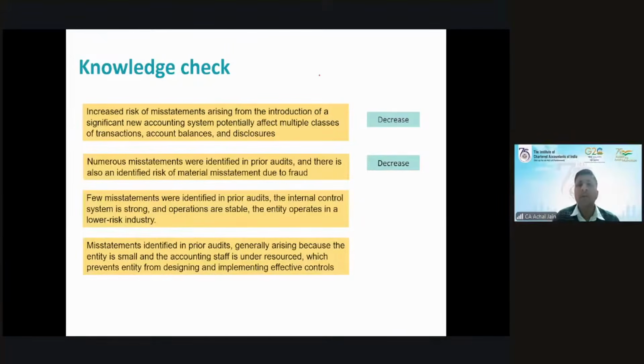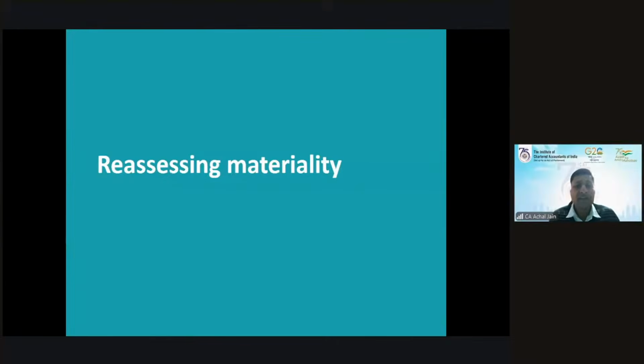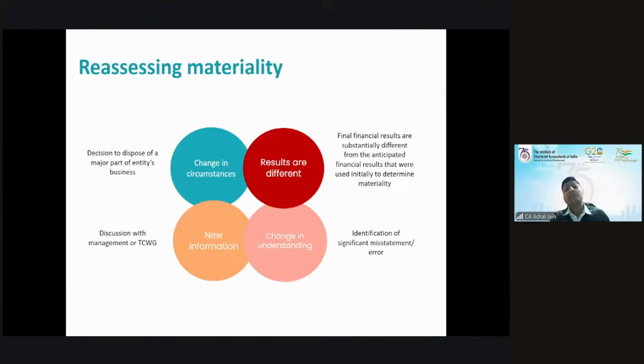Auditor will want to increase the materiality threshold. Correct. Next, misstatements identified in prior audits, generally arising because the entity is small and the accounting staff is under-resourced, which prevents the entity from designing and implementing effective controls. So decrease clearly, right?